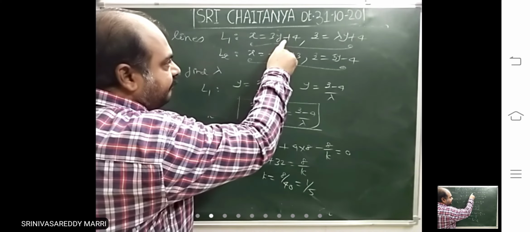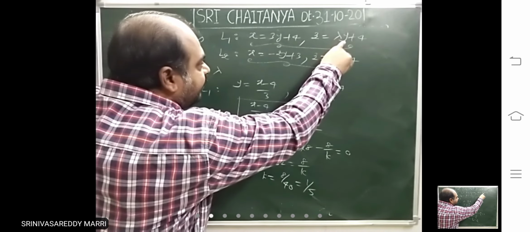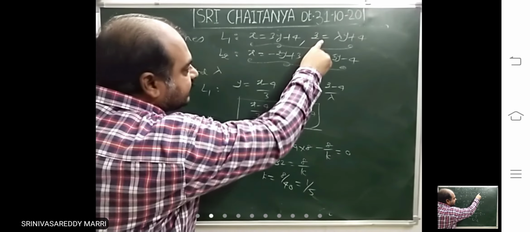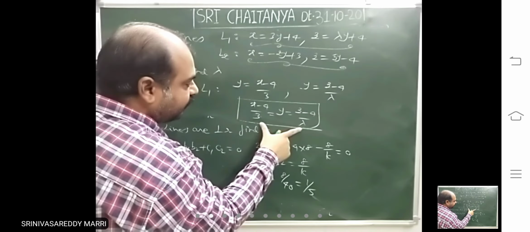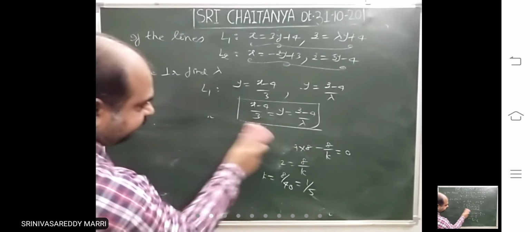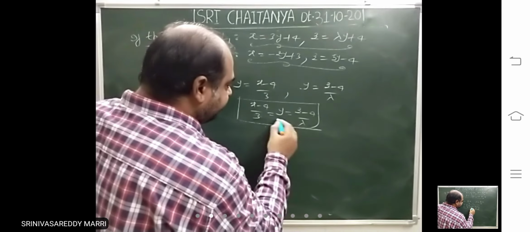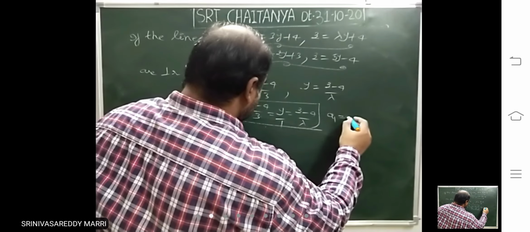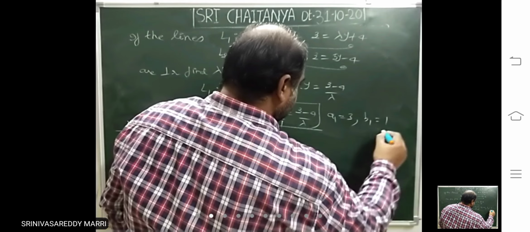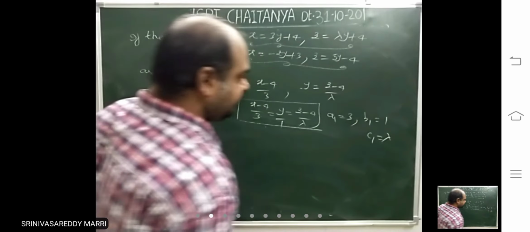The method is, in these two, the common variable is y. Calculate from the first equation, calculate from the second equation, and equate both. This line is now in standard form. Now DRs for this: A1 equal to 3, B1 equal to 1, C1 equal to lambda.